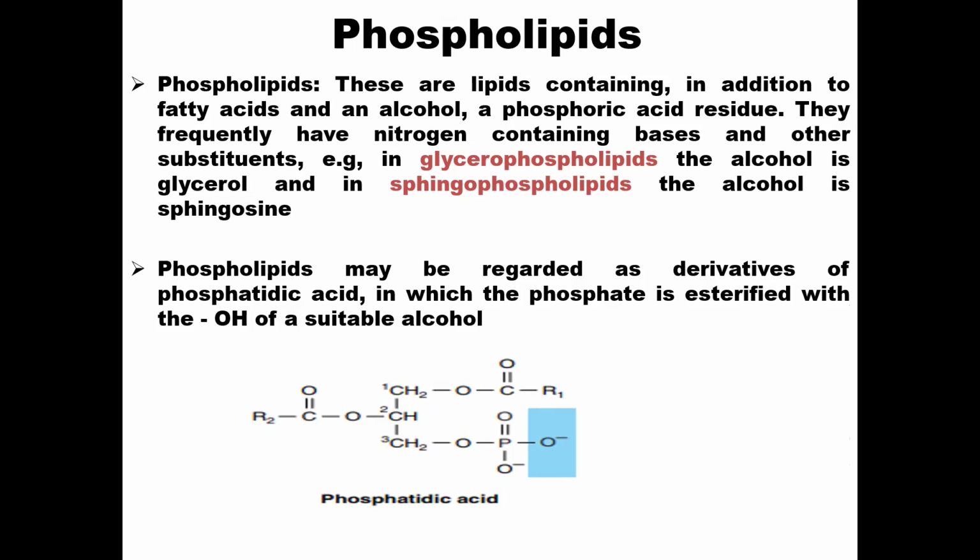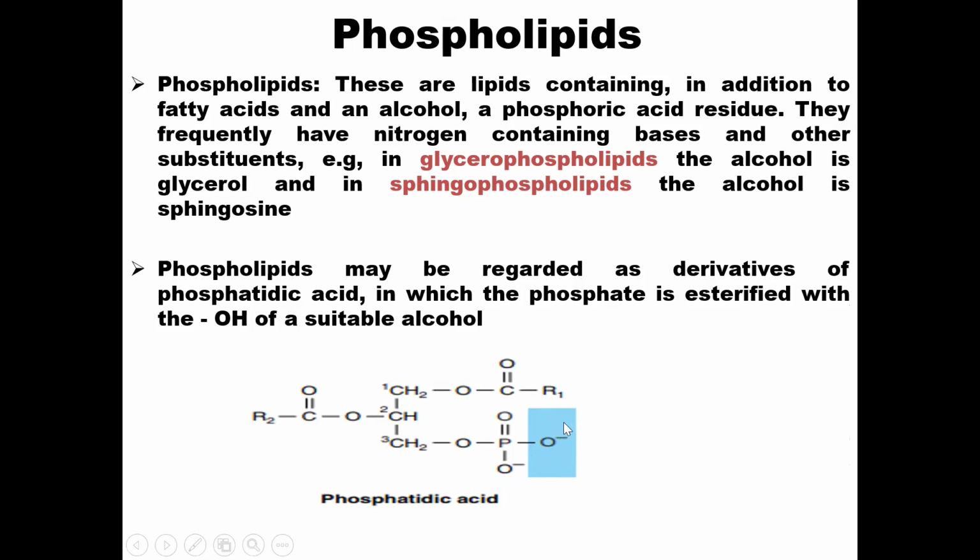The structure you are seeing below is phosphatidic acid, and all other types of phospholipids are derived from this. You can see the phosphate group attached to carbon 3. This is the phosphate group, or phosphoric acid group, and you have a negative charge here, a -1. You also have another -1 attached to the oxygen.